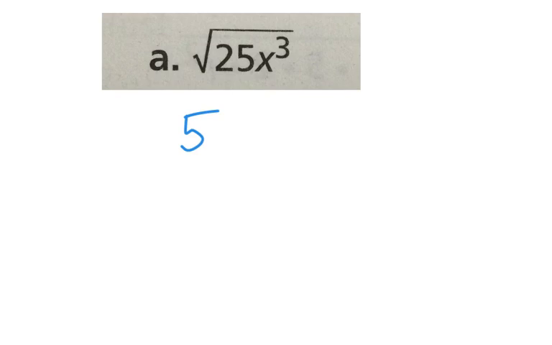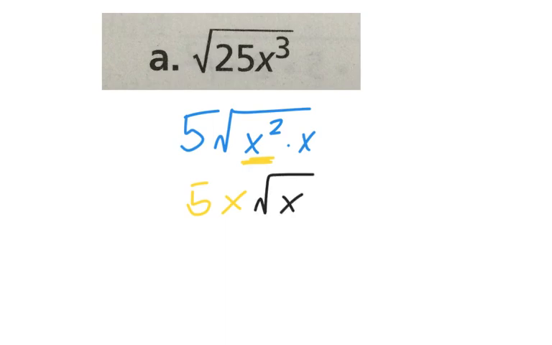And then what's the square root of x to the 3rd? We could rewrite x to the 3rd as x squared times x. So this x squared will come out of the radical as x to the 1st. And then what's left inside the radical? Just x.